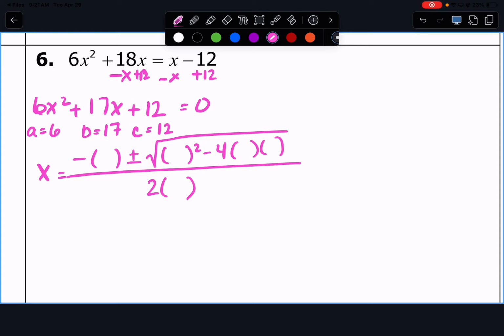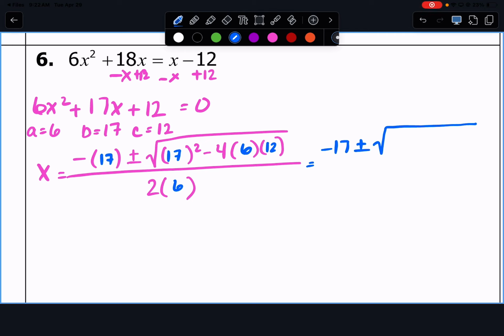Okay, so now from here, what plugs in first? 17. Yeah, you're right. I just misread that. What plugs in next? 17. Then 6x. Then 12. Divided by 2 times 6. Now, we get negative 17 plus or minus the square root.